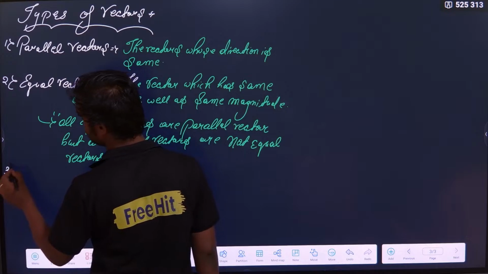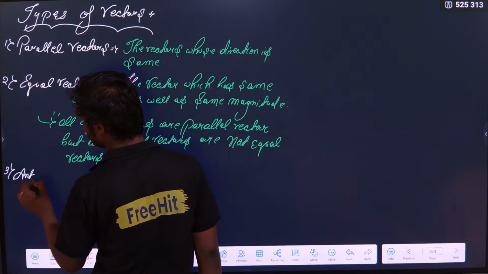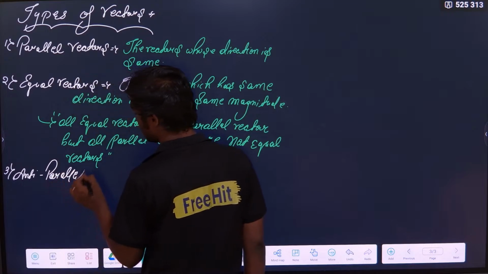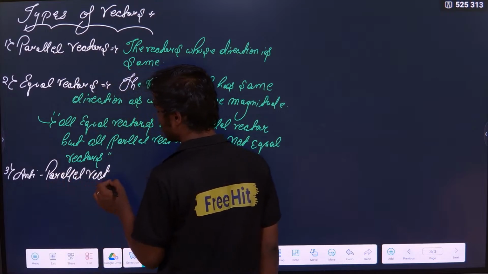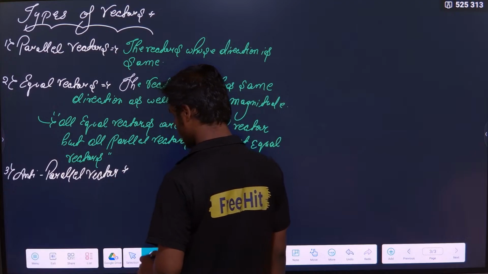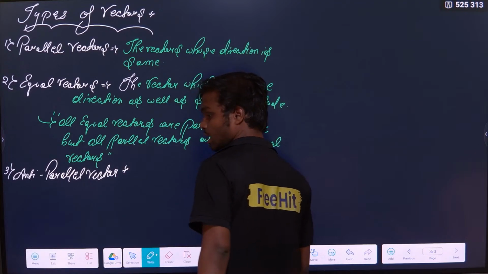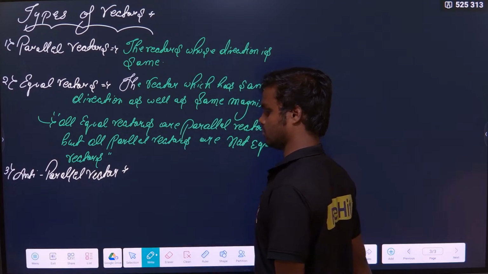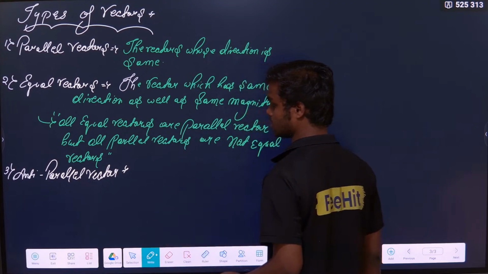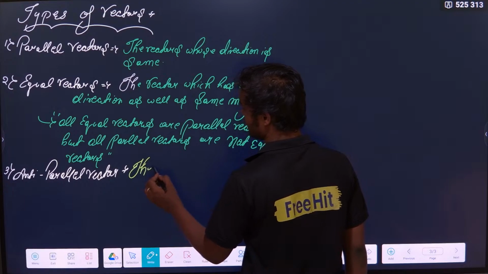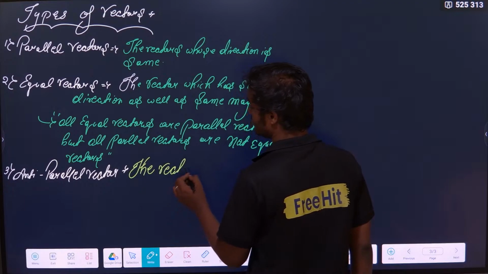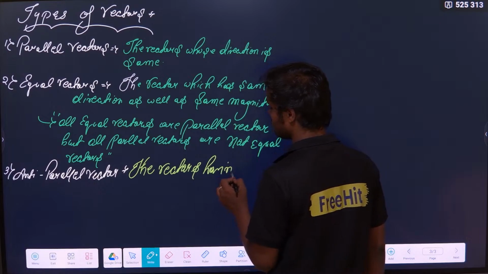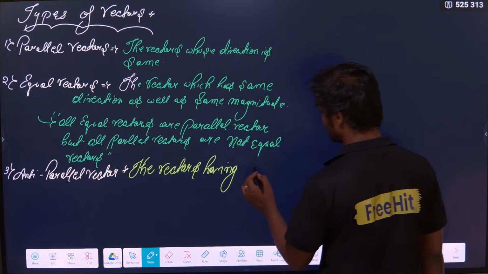Next we have the anti-parallel vector. What is an anti-parallel vector? Anti-parallel vectors are vectors having opposite direction.